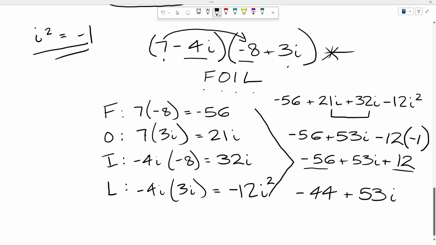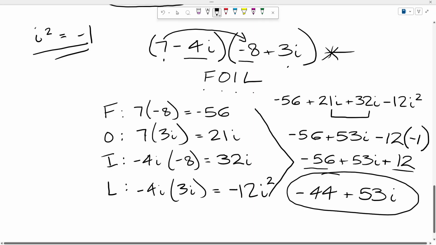So this all looks good here. This will be our answer, negative 44 plus 53i for that one. So again, big things for the multiplication, knowing how to FOIL, and then if you come out with an i squared, replacing that with negative 1, remembering that rule.